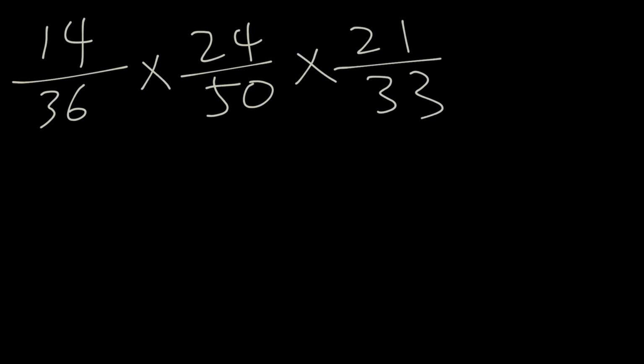Since there are 3 different fractions, we can simply simplify the best that we can and then just further simplify as we go. So for 14, we know we can write that as 2 times 7. And 36 would be 6 times 6. 24 would be 6 times 4.